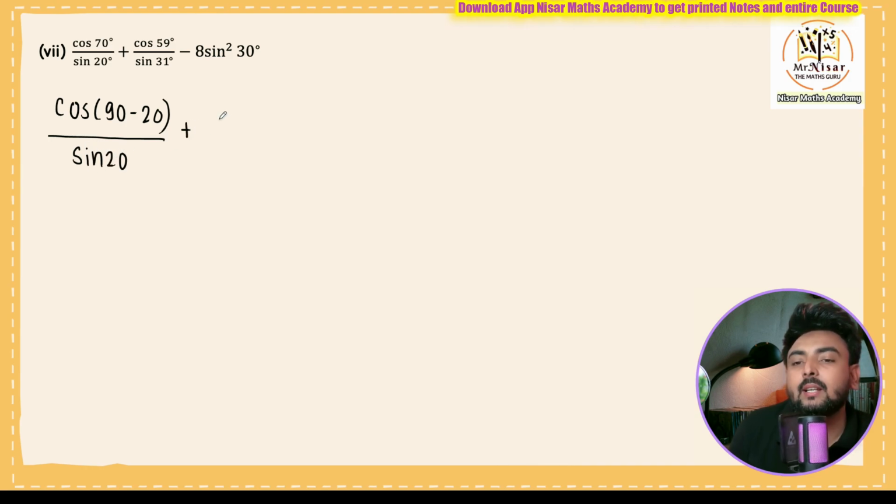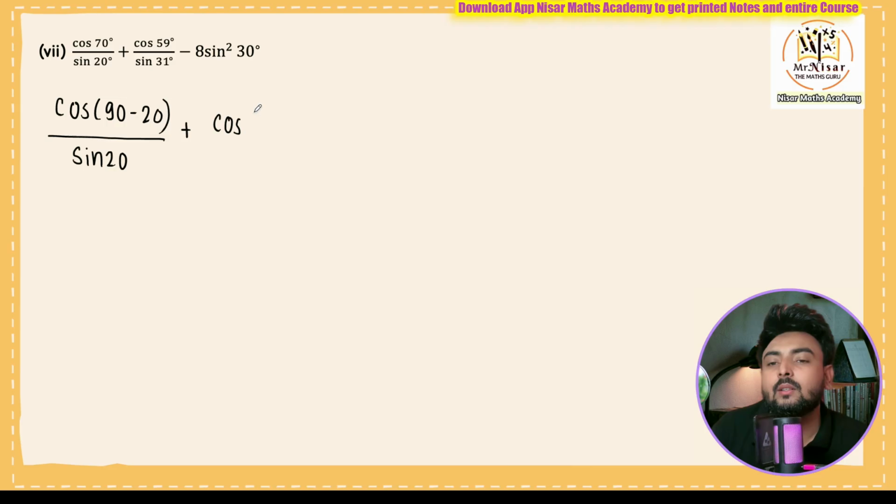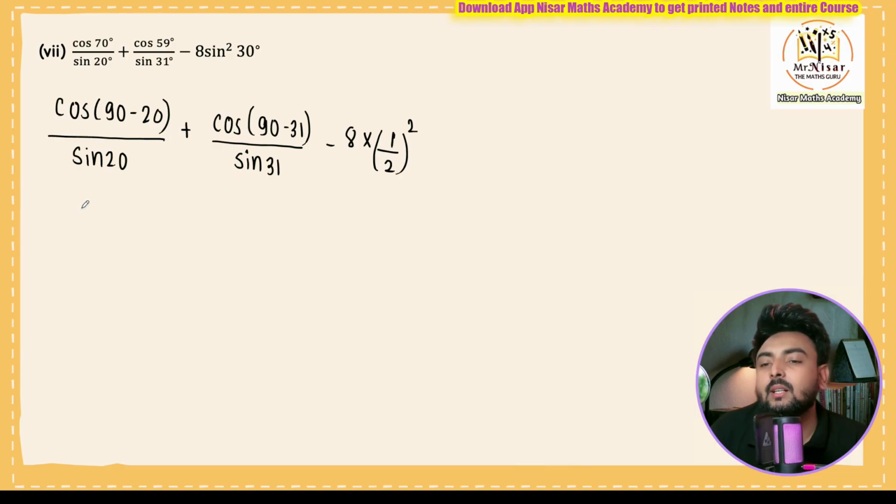Then cos 59 is there, so I'll write here cos 90 minus 31, that is 59, and then I have sin 31 minus 8. Sin 30 value is how much? Sin 30 is nothing but 1 by 2 square. So cos 90 minus theta is sin theta, so it is sin 20 upon sin 20.